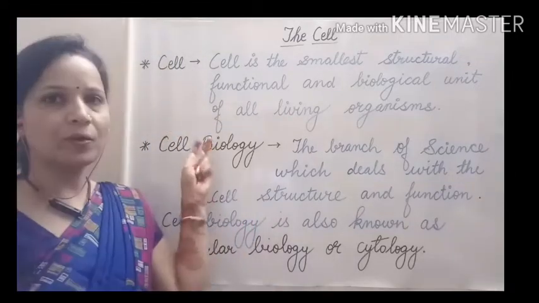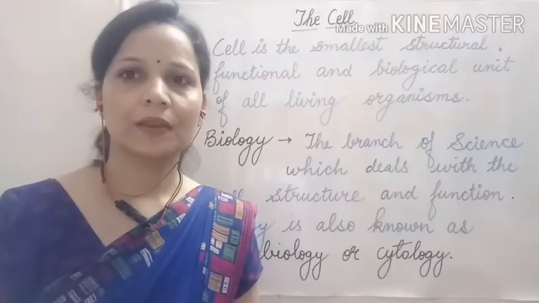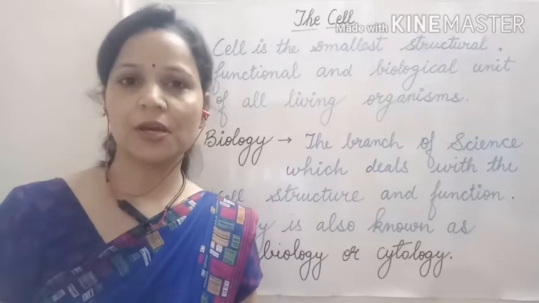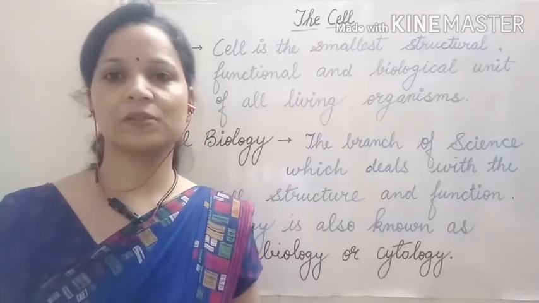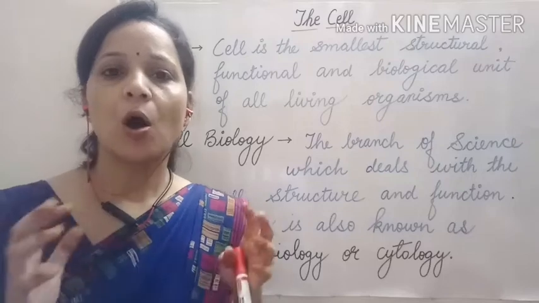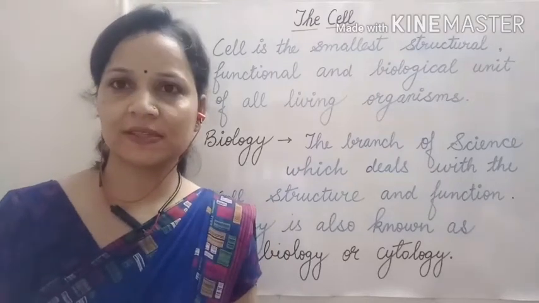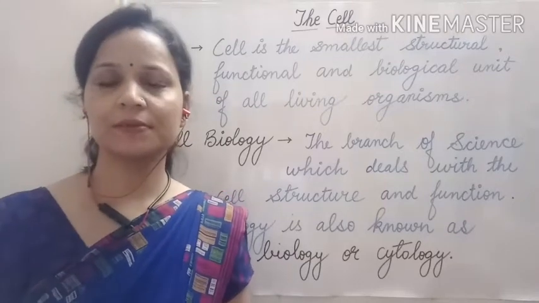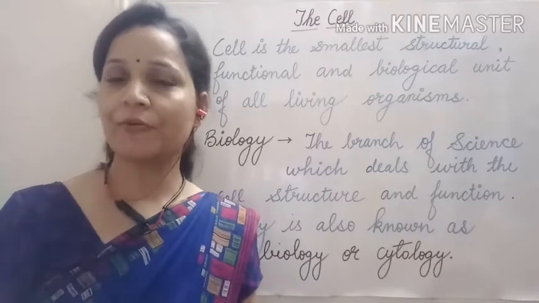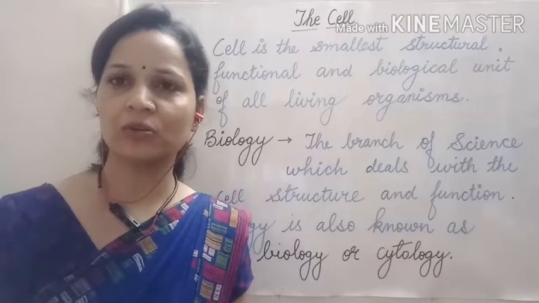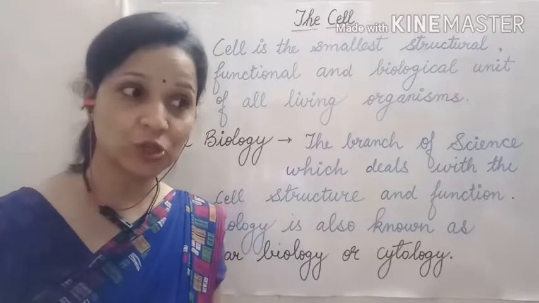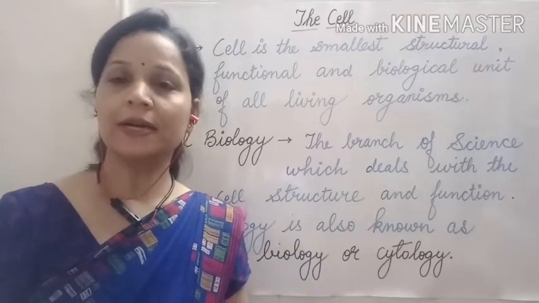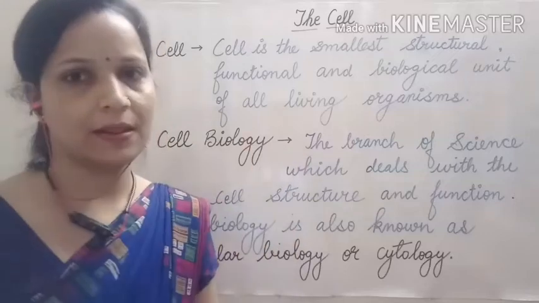As you can see on the board also, the second thing is that the cells are capable of carrying out all types of life processes, or we can say in simple words, various chemical reactions required to carry out life processes like digestion, respiration take place in cell.